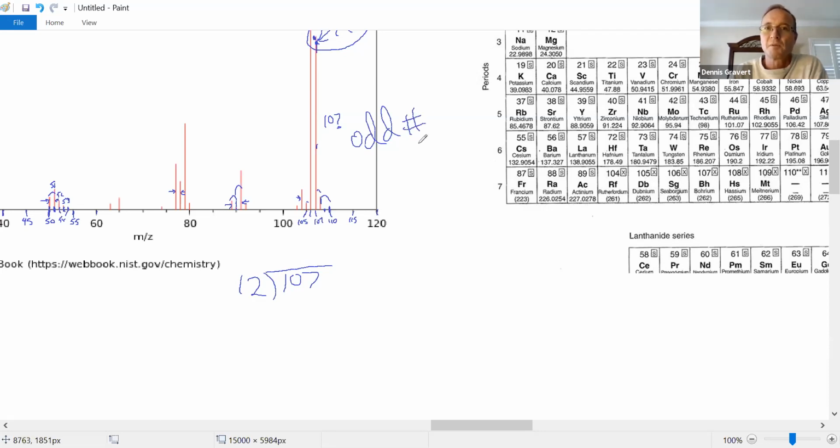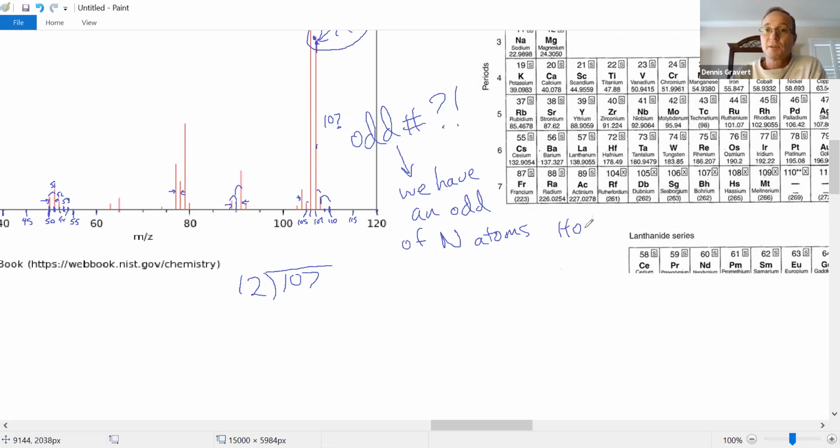Odd number, you remember, before, hashtag meant number. Okay. I'm pretty confident that we did this right, and the mass number is 107. So what that means is that we have an odd number of nitrogen atoms.